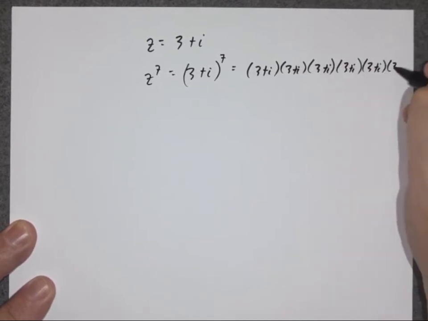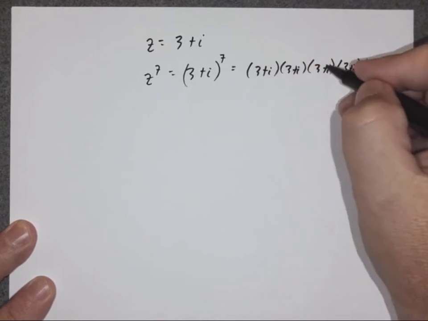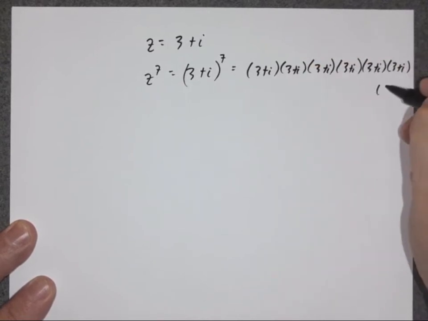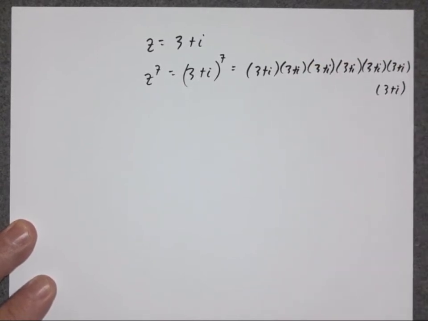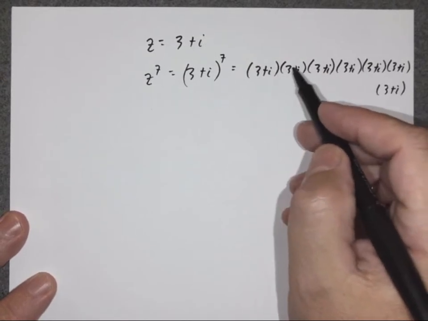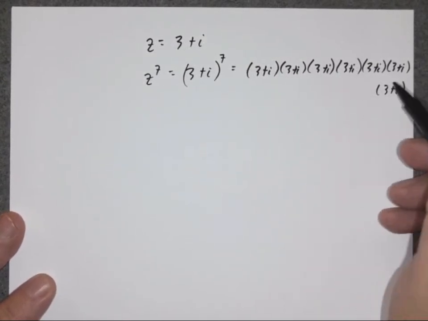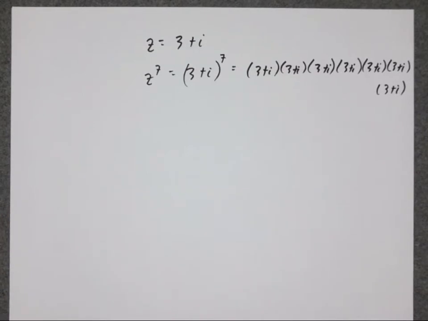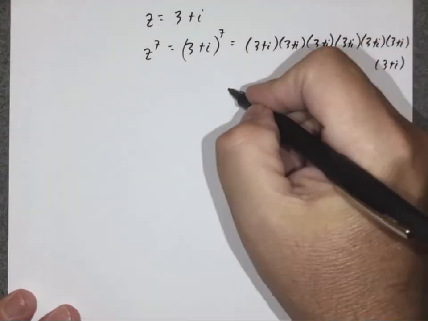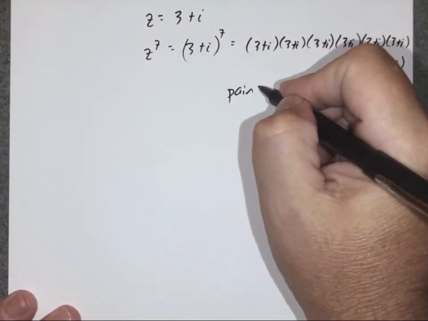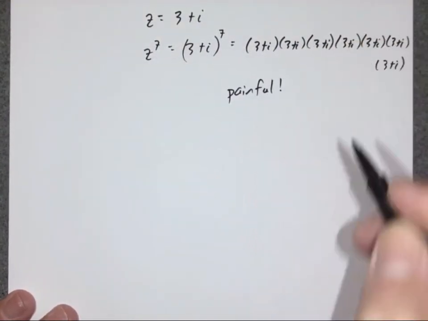Can you imagine foiling these two, then taking that times this and this? I mean, it would probably take you maybe 20 minutes or half an hour to do that. That's what we call painful.